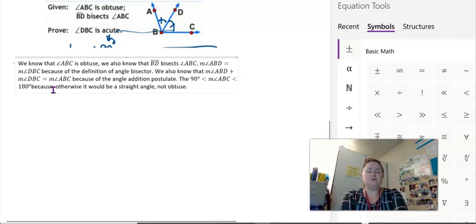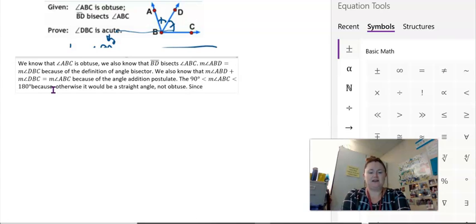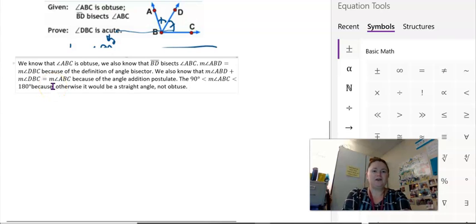So here we can say that since ABD and DBC are the same, and here's where we might be a little bit more just explaining rather than using the specific math.